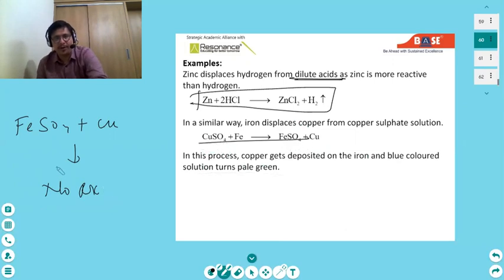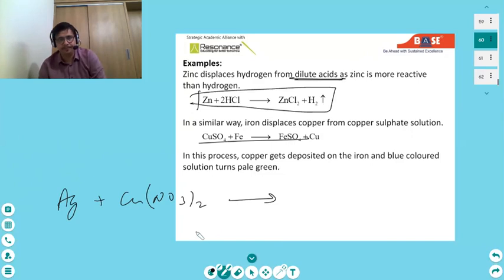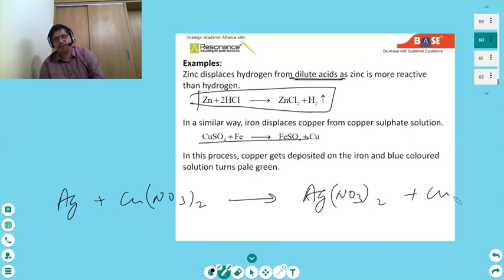Now let me give you one reaction and let's see whether you can write whether it can take place or not. Suppose I write silver and I write copper nitrate. Tell me the product. Ag, NO3 twice, copper.